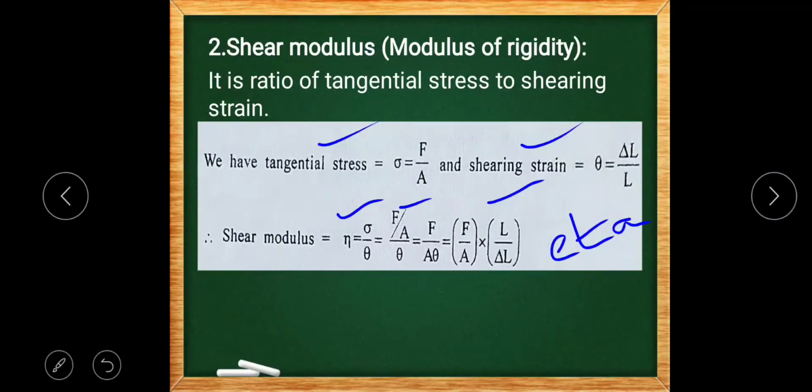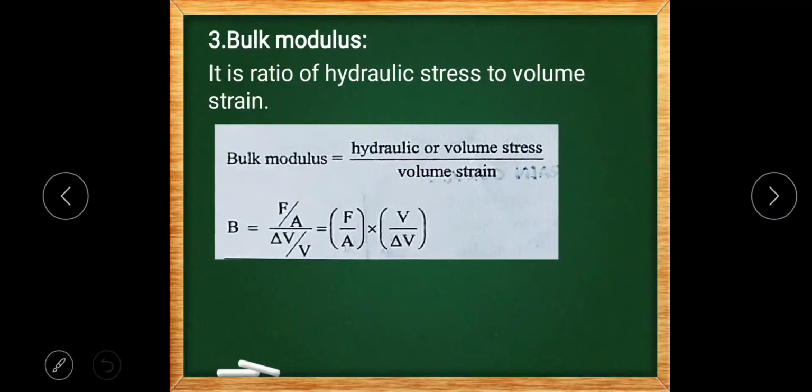Now consider the third one, bulk modulus. It is the ratio of hydraulic stress to volume strain. Consider a spherical body of volume V and surface area A. Let it be compressed by applying the force from all sides normal to the surface.